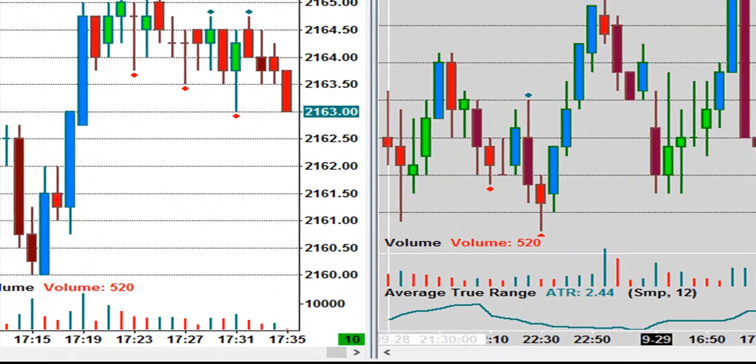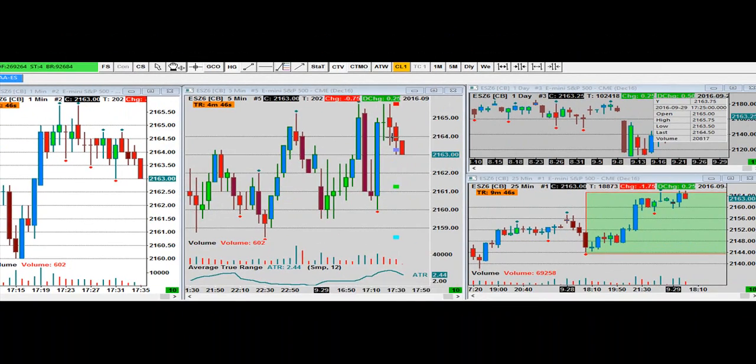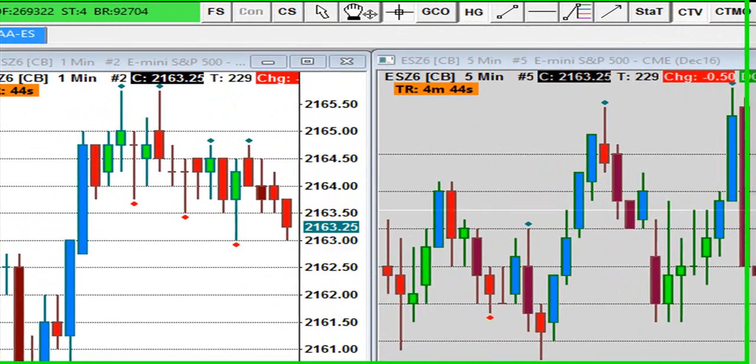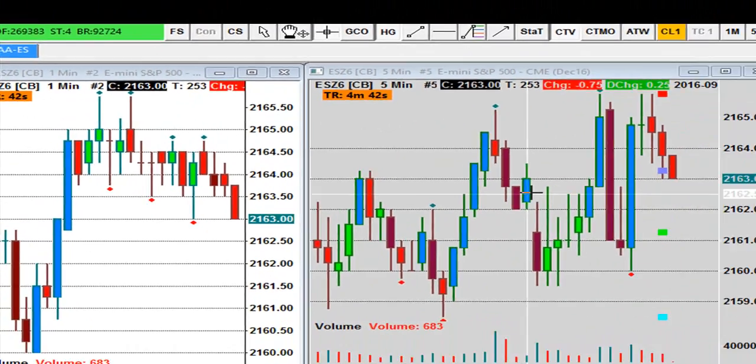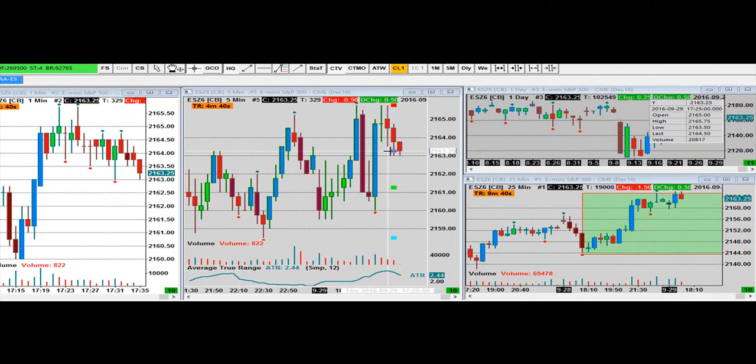As you can see here, price has traded a little higher than our entry price, and now is at our entry price approximately. We do nothing. We have our stop in place and our profit targets also in place.